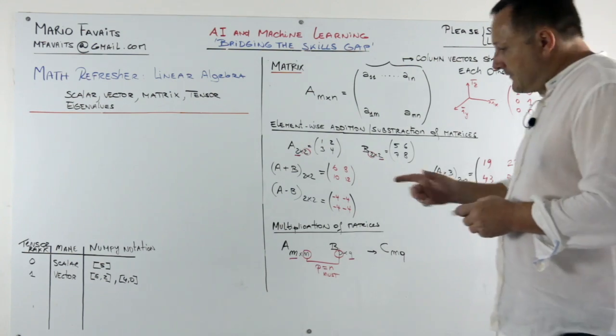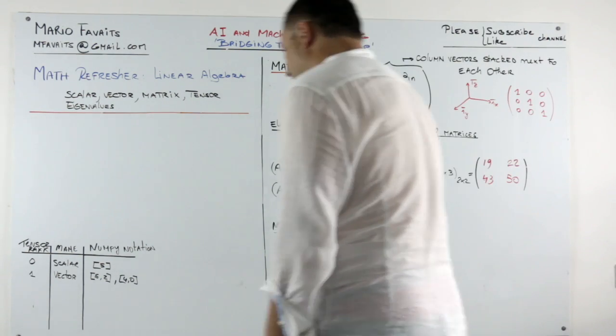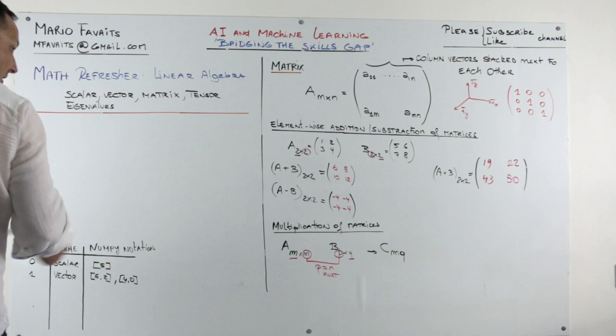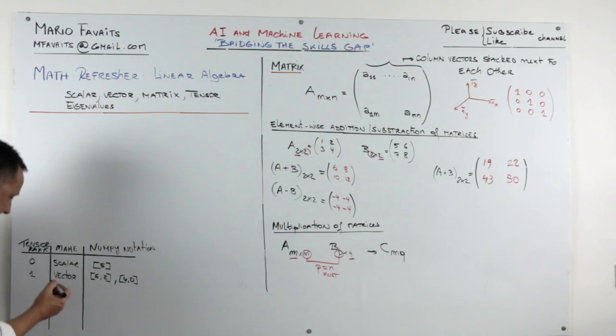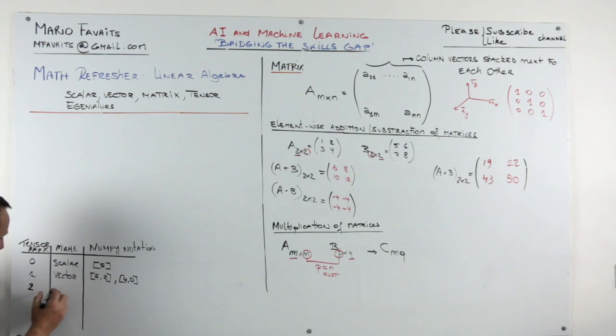Okay, let's come back here. I'm not done with the matrices, but I'm going to fill this out. So a tensor of rank 2 we call a matrix. And the way we write this in NumPy, we first open the matrix brackets, and then we have a vector, for example 5, 2.